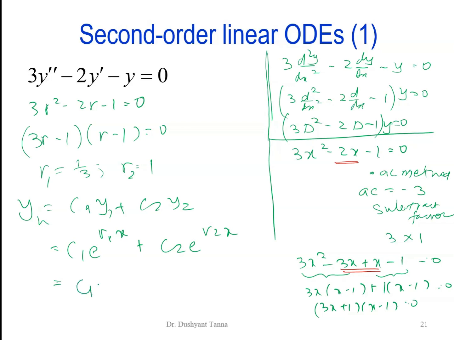So c1 e raised to 1/3. I definitely mixed up something, didn't I? One of them is plus, which one? This is plus, so this is minus. Minus 1/3 x plus c2 e raised to x. That's it. That's the solution.